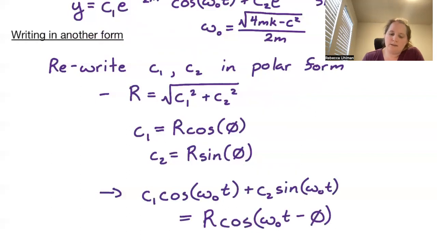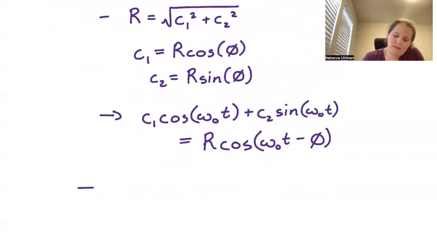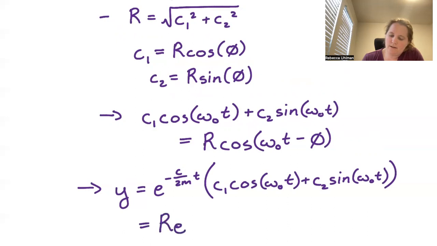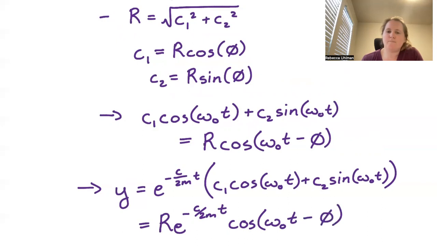And so what this gives us then is y is just e to the negative c over 2m t times that C1 cosine omega naught t plus C2 sine omega naught t. This is the same thing as R e to the negative c over 2m t times cosine of omega naught t minus phi.